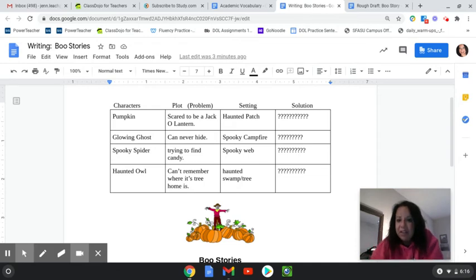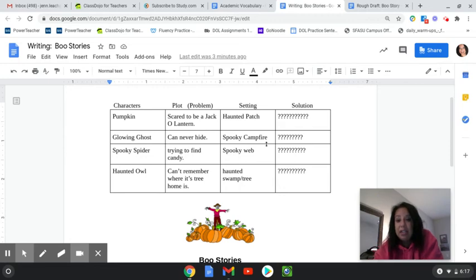Ooh, can never hide, so that's his or her problem, is that this glowing ghost can never hide from people. You can have the setting in a spooky campfire, and of course, we students need for you to go ahead and solve the problem. Bring a solution in. You can also be a spooky spider who is trying to find candy. He can't find any candy.